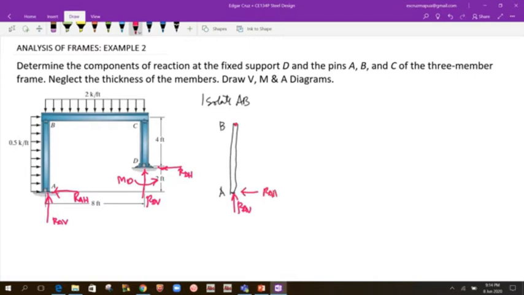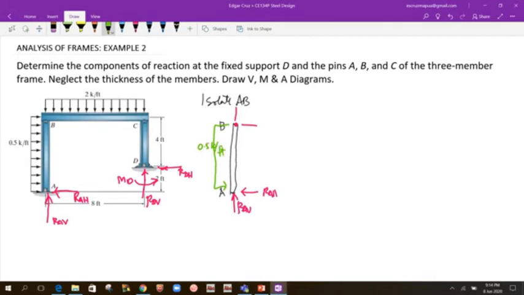At joint B, since this is hinged, there will be only a horizontal and vertical reaction. Now, considering the load, as you can see, we have a uniform load distributed along the entire length, which is 0.5 kips per foot.